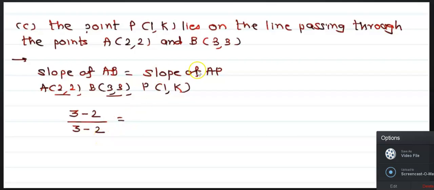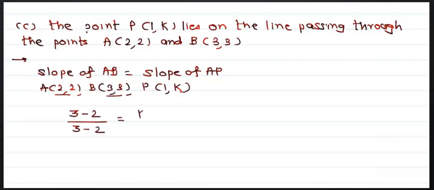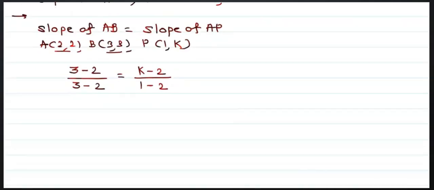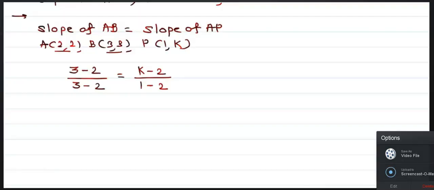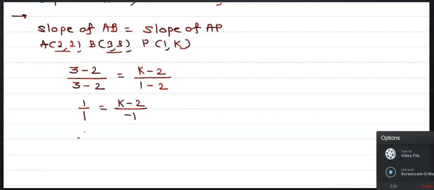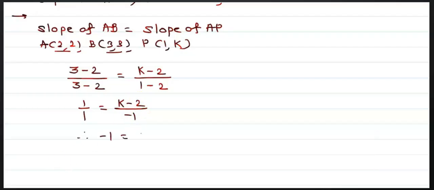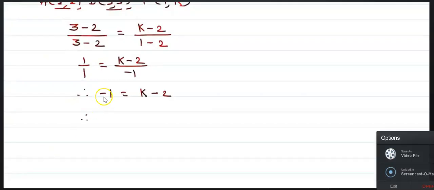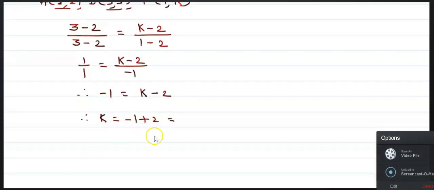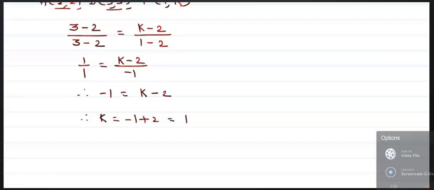And the slope of AP is k minus 2 upon 1 minus 2. And simplify this. 1 upon 1 is equal to k minus 2 upon minus 1. Therefore, minus 1 is equal to k minus 2. Therefore, k is equal to minus 1 plus 2. Therefore, k is equal to 1.